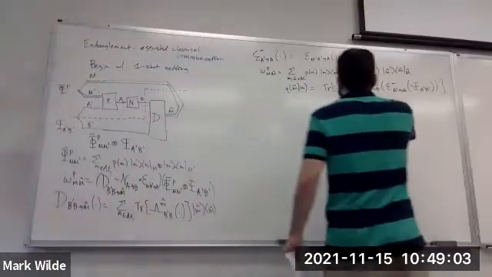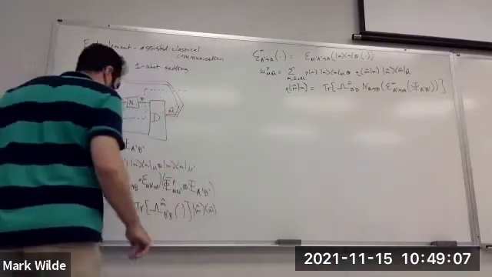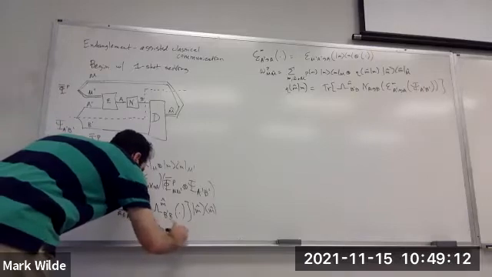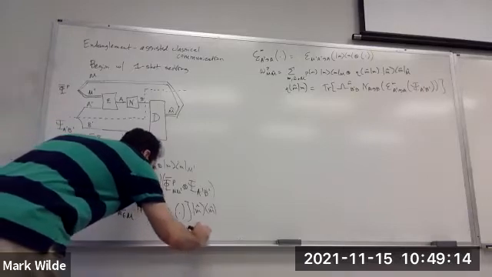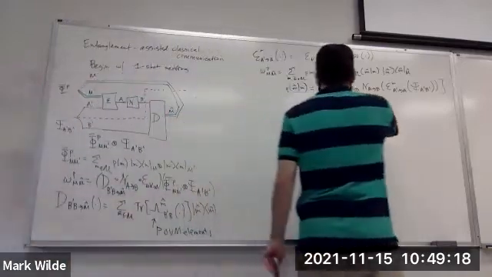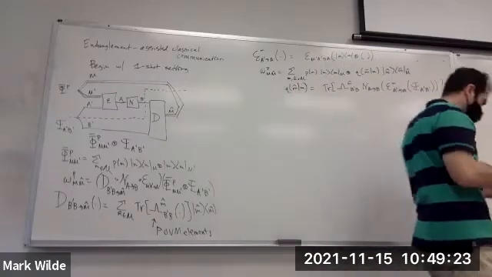Right? And then this right here is a POVM. I suppose we should write POVM elements. That's the decoding POVM. And so then this is the probability that you decode m hat given the input was m.